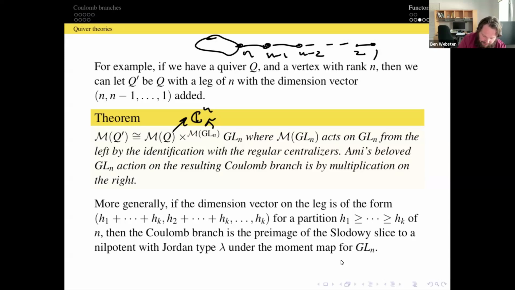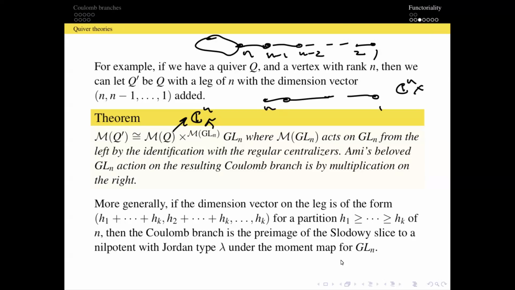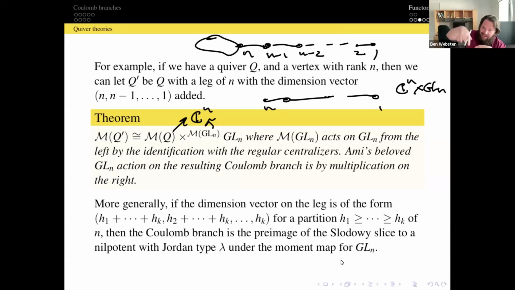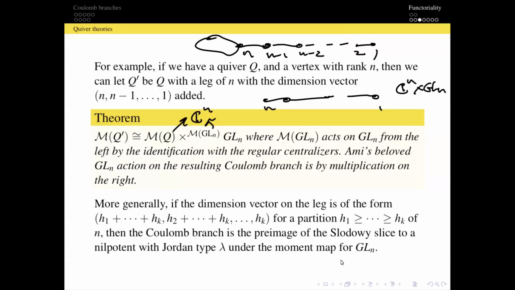So what's happening here is if I look at just this guy, n up through 1, then I get Cn times GLN, where this Cn I'm thinking of as the constant slice. And so I'm taking the fiber product over Cn with Cn times GLN. Well, let's just take product with GLN. I see. Okay.